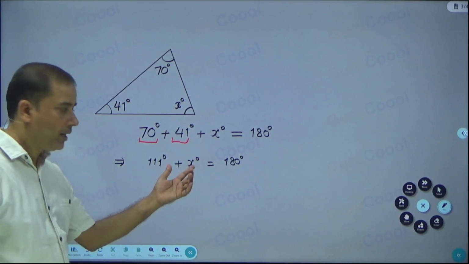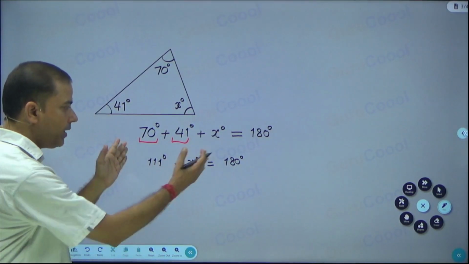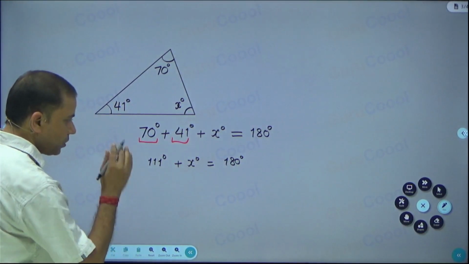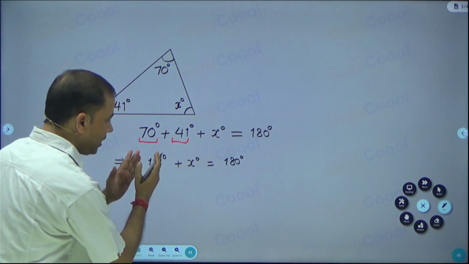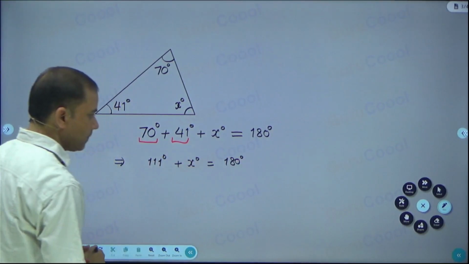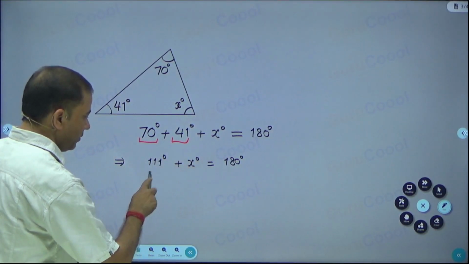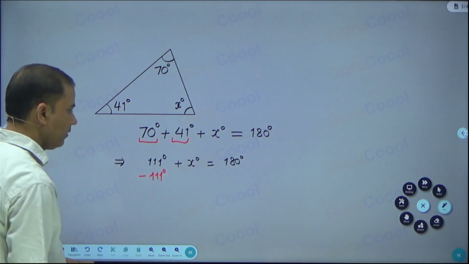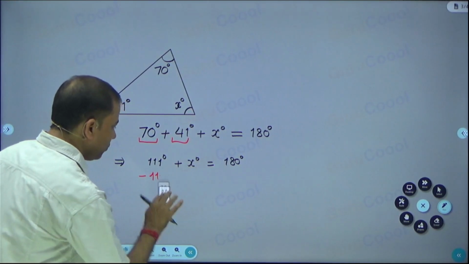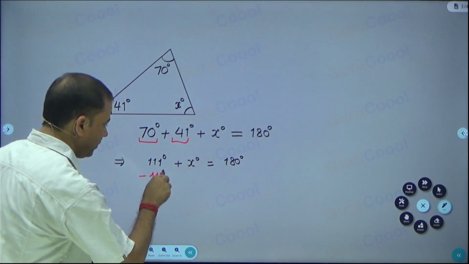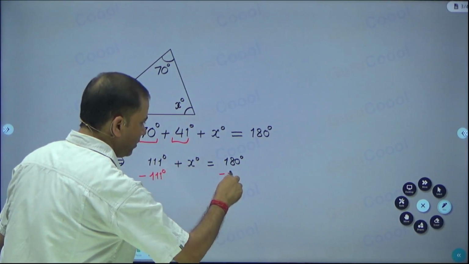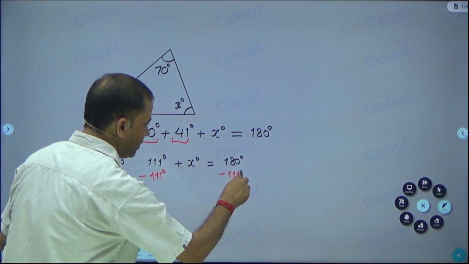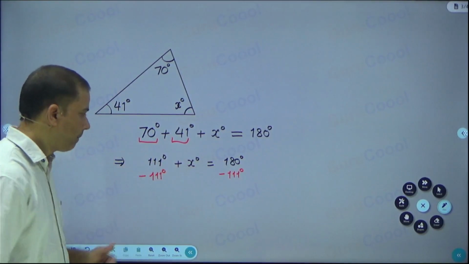Now we have to find the value of x. We have simplified our equation. So what to do? We will subtract 111 degrees from both sides. I'm subtracting 111 degrees here, and I'm subtracting 111 degrees here as well, both sides.